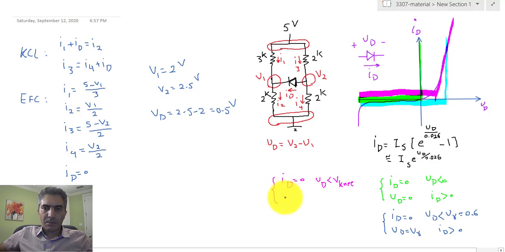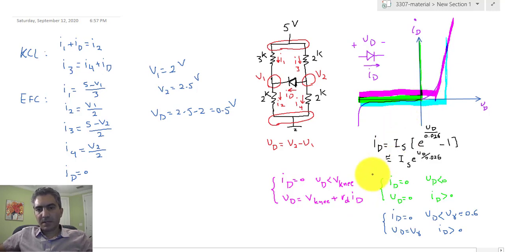And beyond that, the second line goes like this. Then VD is equal to V knee plus RD, the resistance associated with the diode, times the current of the diode ID.